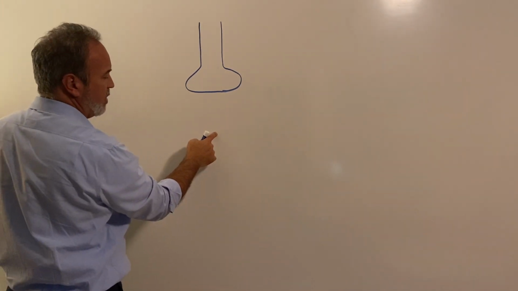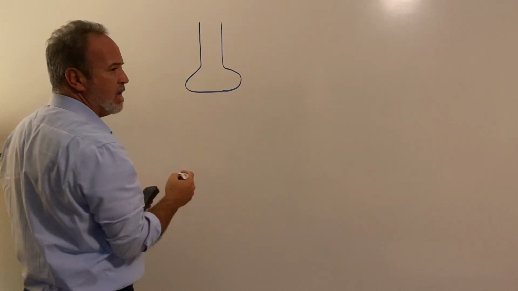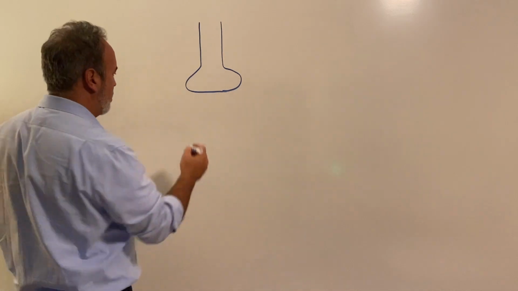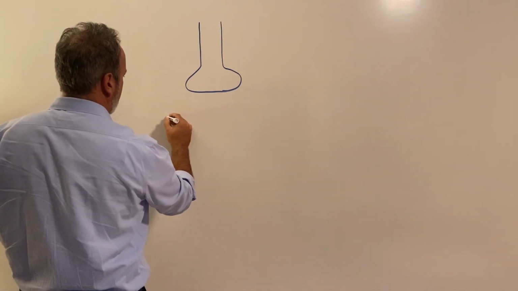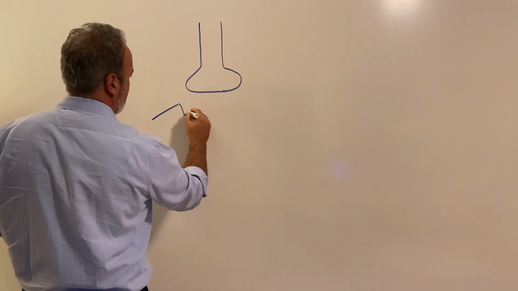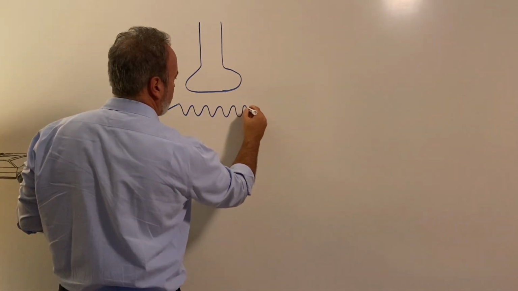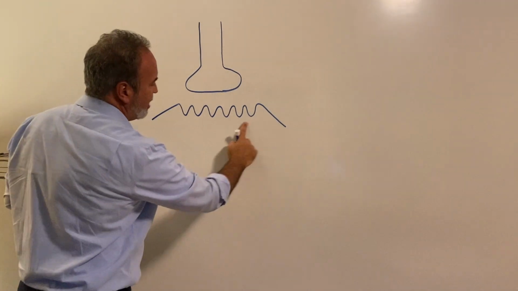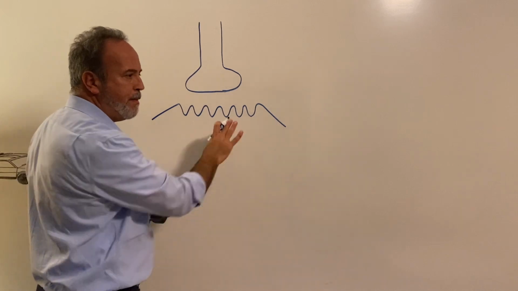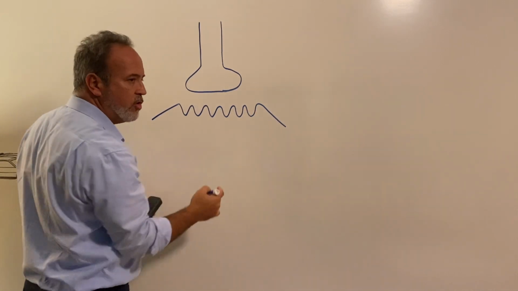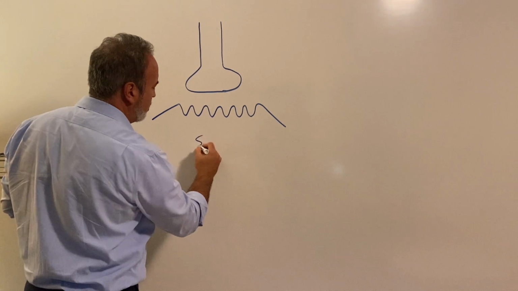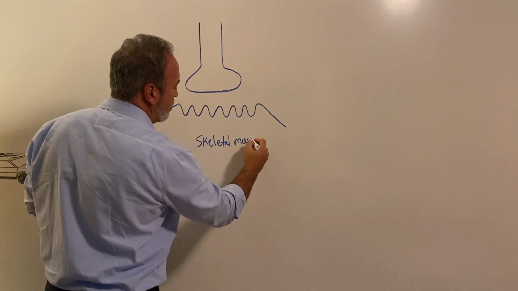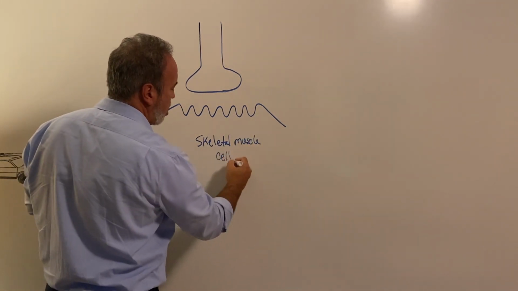Now on this end over here, we're going to have the cell membrane of a skeletal muscle cell. So I'm going to create these folds of the cell membrane. This end over here, we call the postsynaptic cell, which is also known as the skeletal muscle cell.